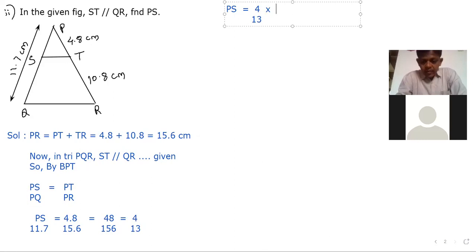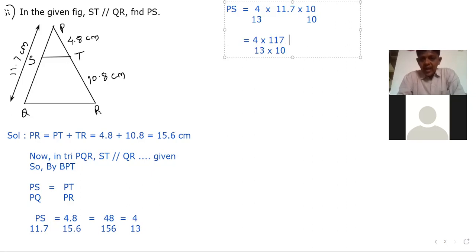This is 11.7. Now 13 nines is 117. But I want 117, so I will multiply by 10. Hence, I will also divide by 10, to make my job easier. So this becomes 4 into 117 divided by 13 into 10.